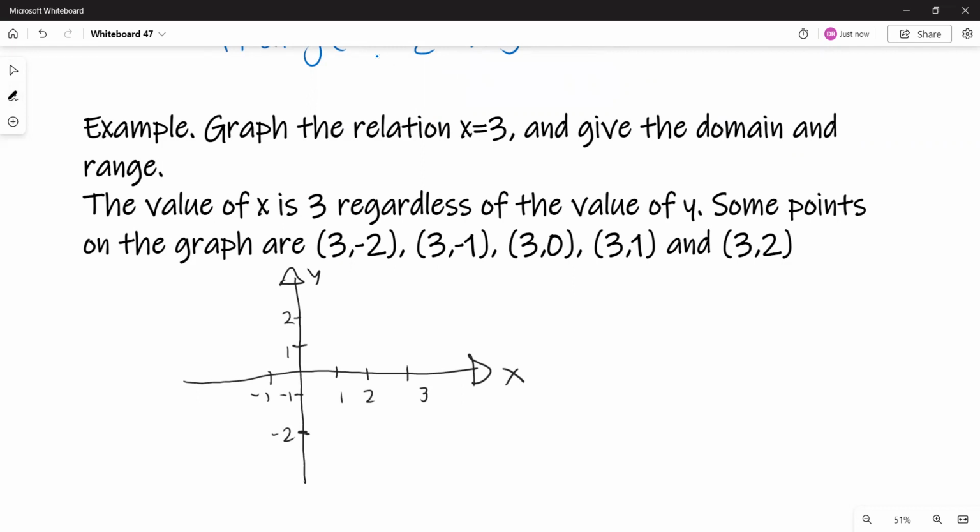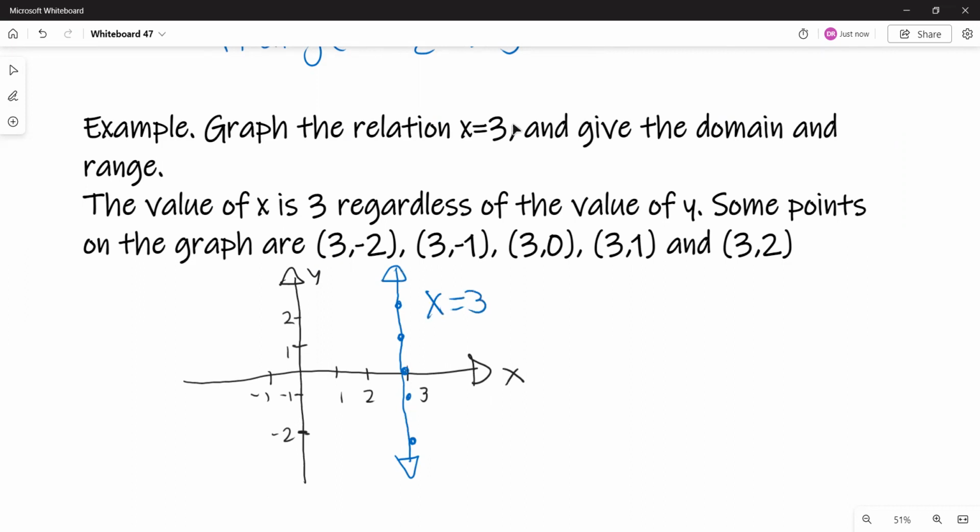So that's (3, 2), (3, 1), (3, 0), (3, -1), and (3, -2). So graph the vertical line. So that's the graph of the relation x equals 3.